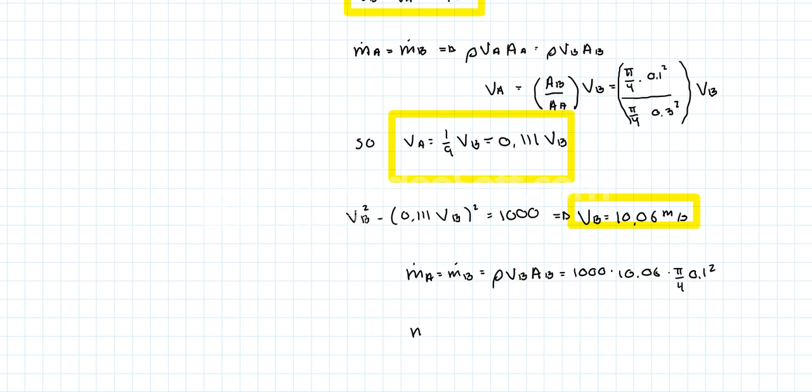So the mass flow rate is equal to 79 kilograms per second. I'm just going to double check this.